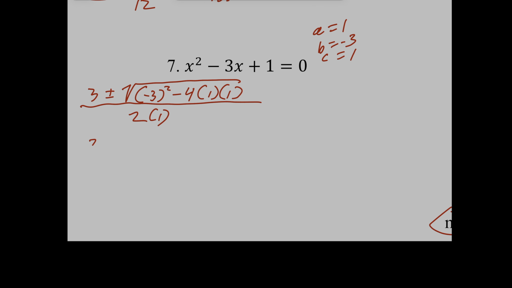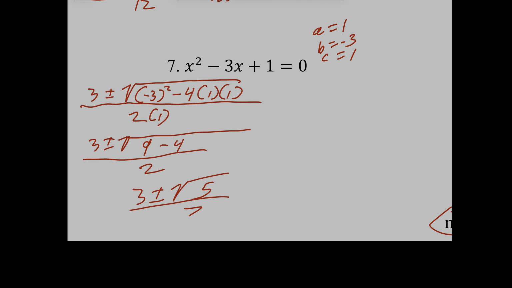All right, which turns into 3 plus or minus the square root of negative 3 squared is 9. Negative 4 times 1 is just minus 4, all over 2, which becomes 3 plus or minus root 5 over 2. Nothing more I can do. We are done. That is the answer.